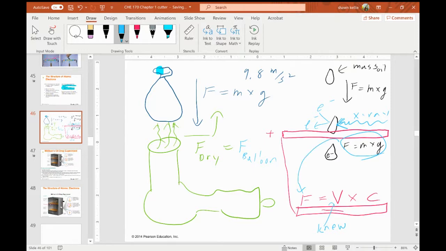That allowed him to calculate the charge, and thus he was able to calculate the charge on each and every oil drop that was falling, which made it really cool because he was able to calculate charge basically using a balloon and a hair dryer.